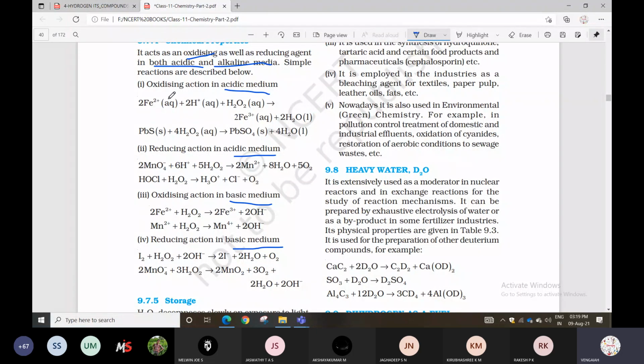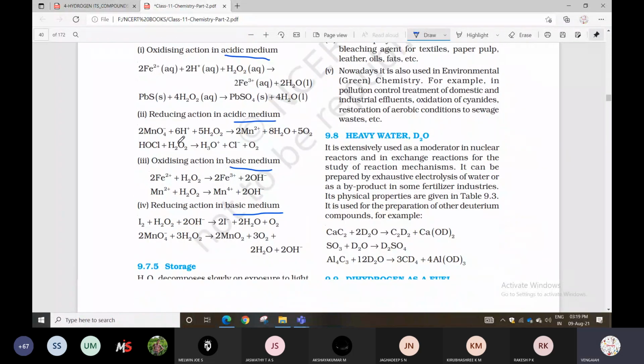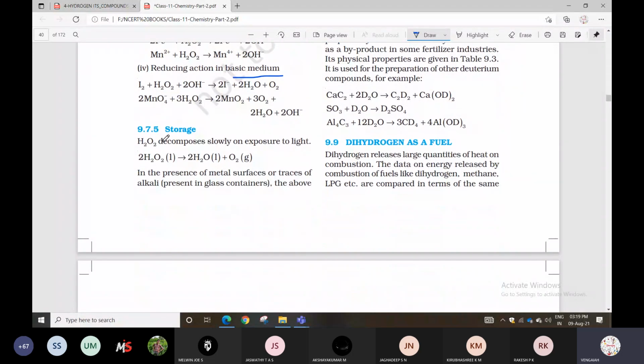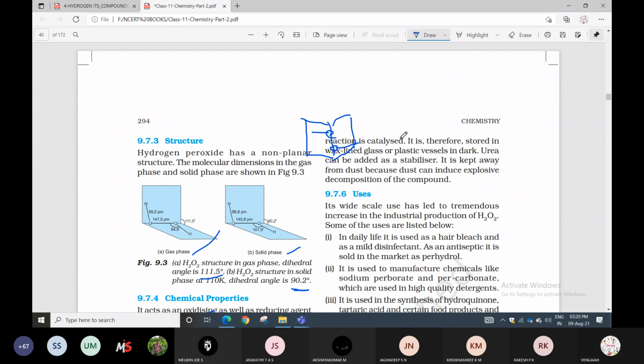Storage: H2O2 is decomposed slowly on exposure to sunlight, so you can get H2O plus O2. In the presence of metal surface or traces of alkalis, the above reaction is catalyzed. So it is therefore stored in wax lined glass, otherwise plastic vessels, in the dark. Urea can be added as a stabilizer.